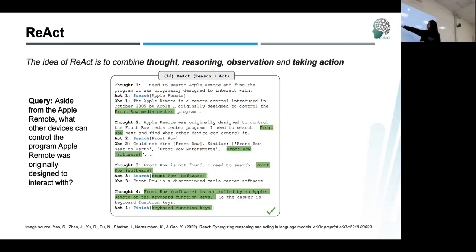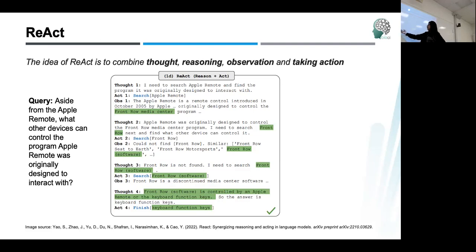Then the observation of the search for Front Row gives the answer Front Row software. It would give some other answers as well, but based on the context and reasoning, the observation would just focus on the thing that it wants to target. And it would basically be the Front Row software, because definitely an Apple Remote would be handling some software.